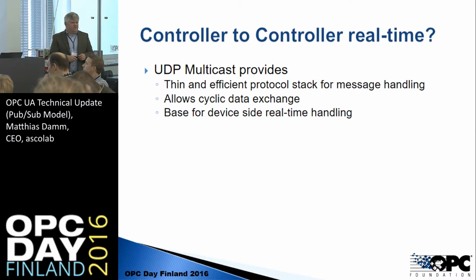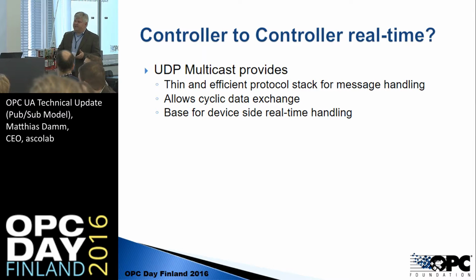What we already achieve with UDP Multicast and the PubSub model is the capability to send cyclically data in the same configured amount of information, and it's designed to be very efficient, so there's not a lot of compute power you need to create these messages and send them out. So we already fulfill the requirements inside the application and for sending the messages.